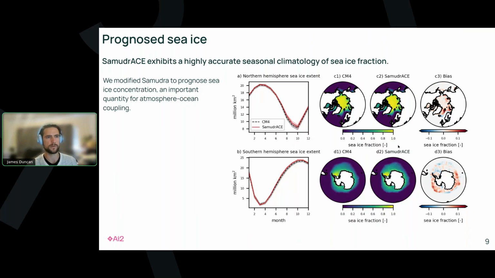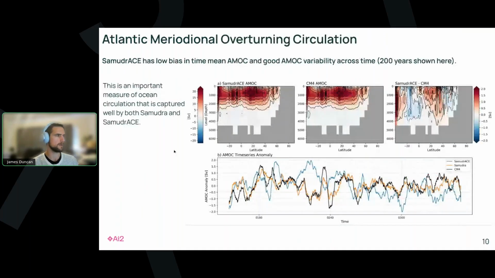This is over a 40-year simulation and has very small biases for sea ice. And this is a very important field because this will determine exactly where ACE2 is predicting the surface temperature over sea ice, or just fully getting the surface temperature of the sea from Samudra. So that's an important field that we want to match.